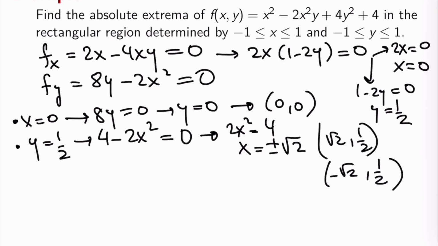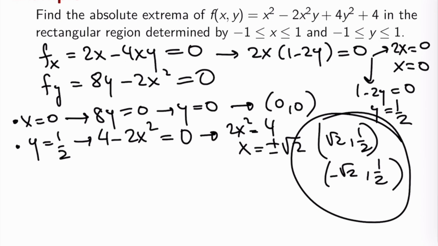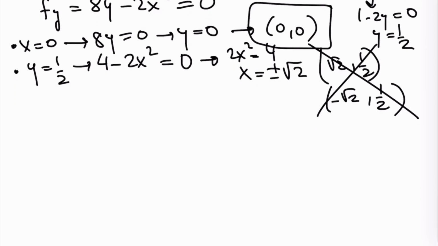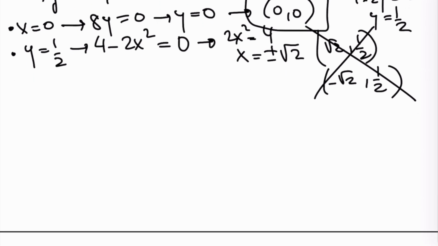Though, when we check the region that we have, it was x and y between -1 and 1. So then actually these ones are not in the interior of the region, because square root of 2 is 1.4, right? So we eliminate these critical points, and the only one that falls inside the square is going to be the critical point (0, 0). So we're going to keep the point (0, 0).